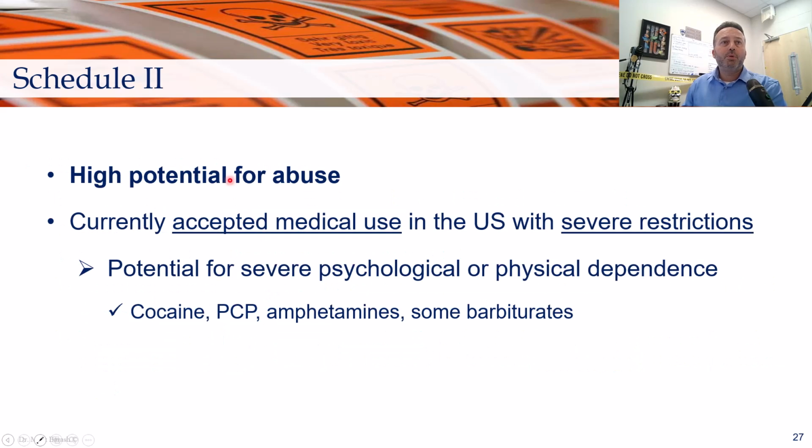And for Schedule 2, these are drugs with still high potential for abuse. Some may have some accepted medical use in the United States, but they have severe restrictions, and that's because of their potential for severe psychological and physical dependence.